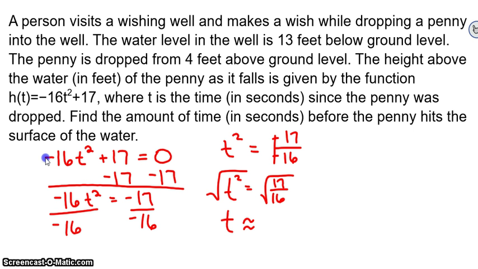The square root of 17 over 16 is approximately 1.03 and negative 1.03. But you know that you can't go backwards in time, so the negative value really isn't useful to us at all. We're not even going to use that. The answer to the question is 1.03 seconds is how much time it takes before the penny hits the surface of the water.